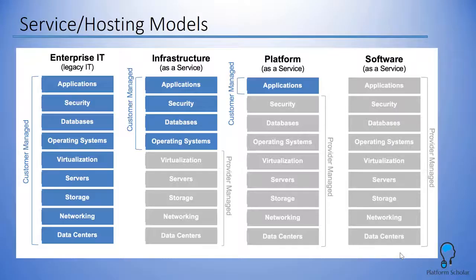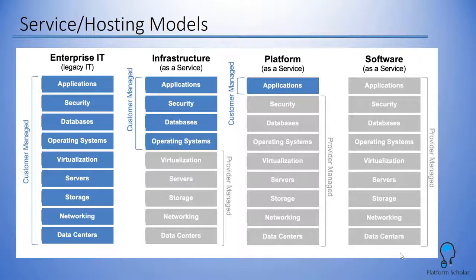So if we think back to a few slides ago, we talked about the most common hosting models as being outsourcing of infrastructure, platforms, or software components. And the only real difference between them is in regard to what is customer managed and what is provider managed. Now these stacks are arranged from the application or software at the top down to the data centers at the bottom, which is physical.